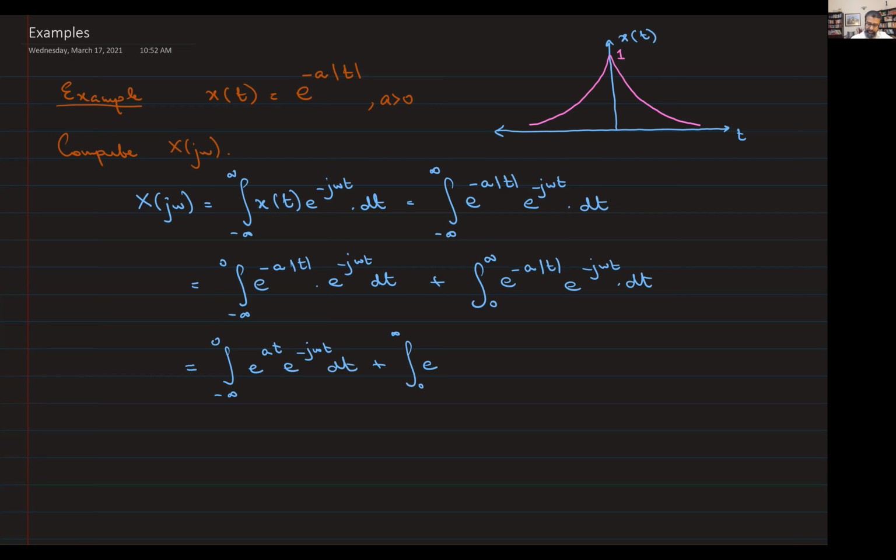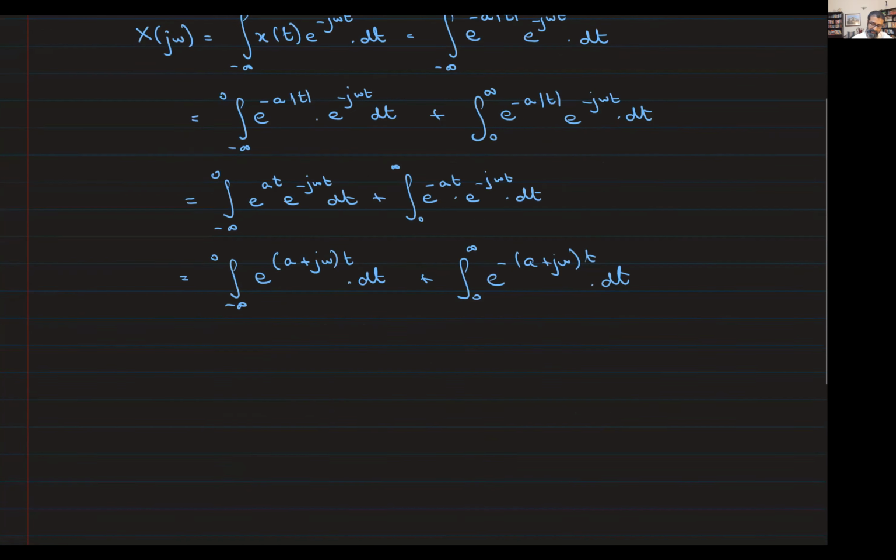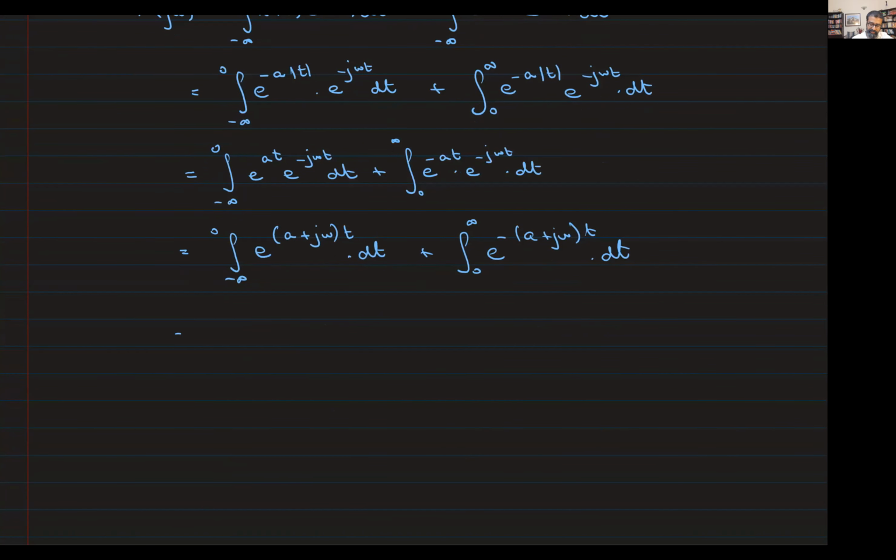And therefore, this is minus infinity to 0, e raised to power a plus j omega times t dt, plus 0 to infinity e raised to power minus a plus j omega times t dt. And then it's just a simple matter of computing this integral.